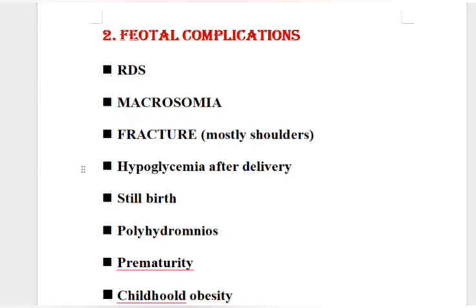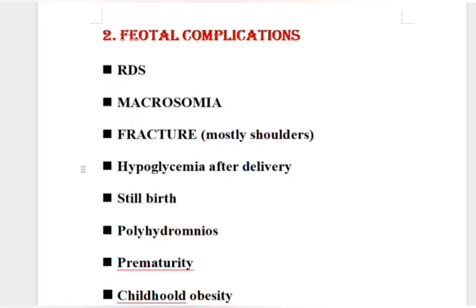In our pathophysiology, the baby produces high levels of insulin in response to the increased glucose it receives through the placenta. Now the placenta is no longer there to provide all that glucose, and you have a lot of insulin. What is going to happen? The baby is going to go into hypoglycemia after delivery.